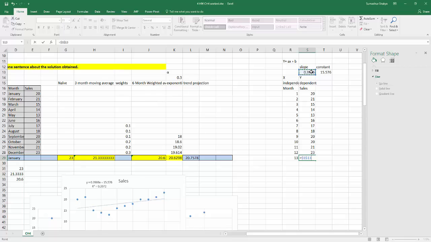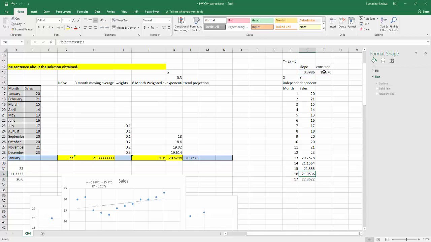I'm going to hit F4 on the slope, times the time period, which I'll leave as is without freezing, plus the constant, and I'm going to hit F4 and freeze it. So if I was to stretch it down for the 14th month, the 15th month, the 16th month, and the 17th month, theoretically I am able to forecast for the months moving forward way far ahead of the present time.